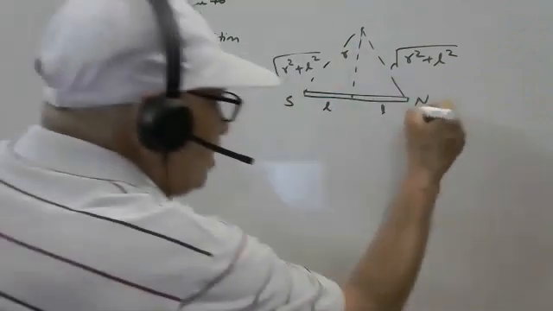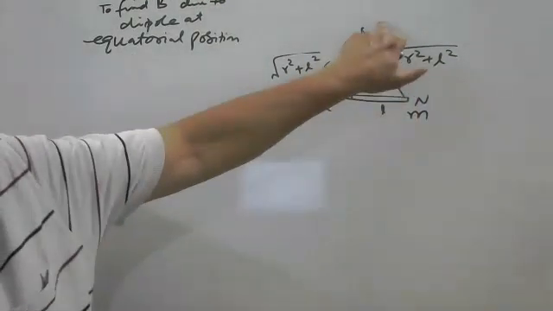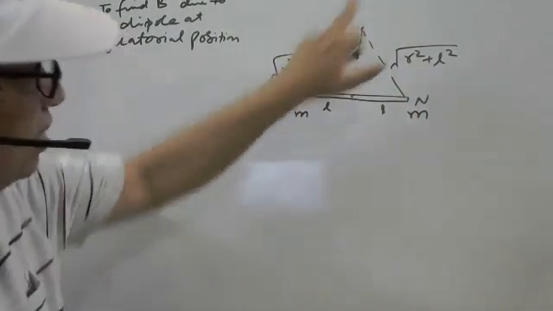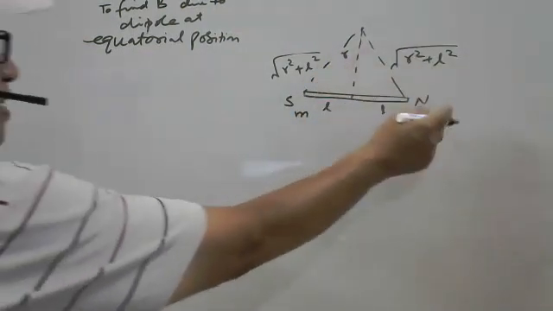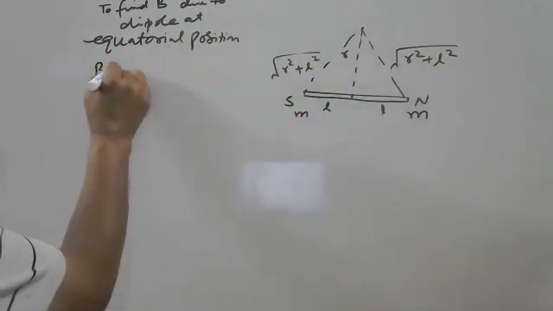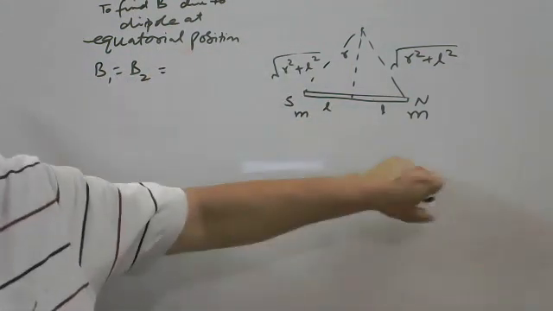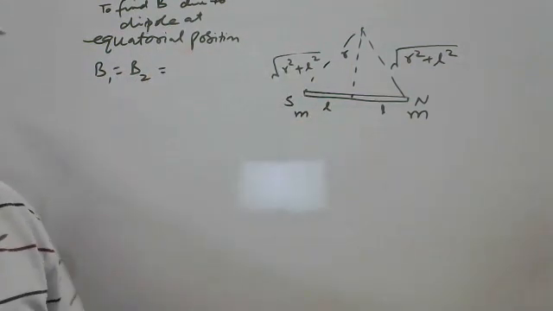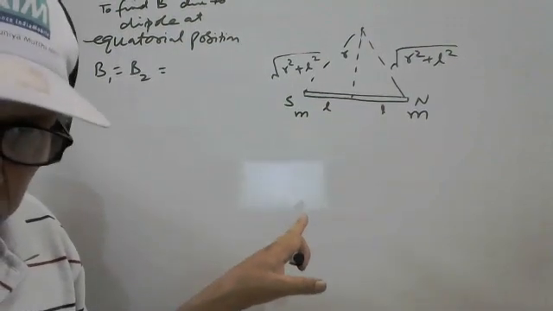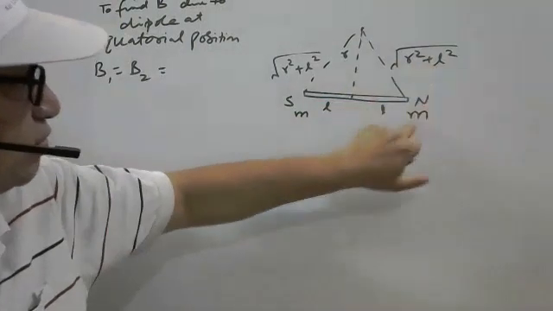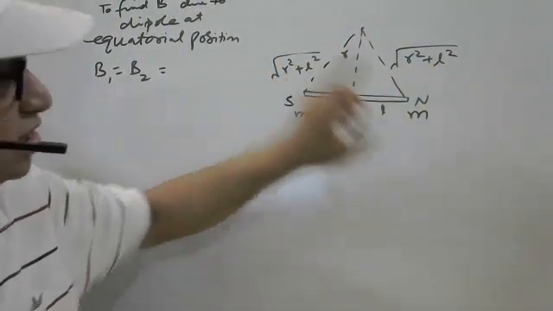So first find out the magnetic field because of the north pole here and because of the south pole here. You know the formula here, B1 is given by the north pole and B2 is the south pole, and distance is same here, unlike in axial position. There, distance is d minus L, d plus L, different distances, but here the distance from north pole to this point and from south pole is the same.